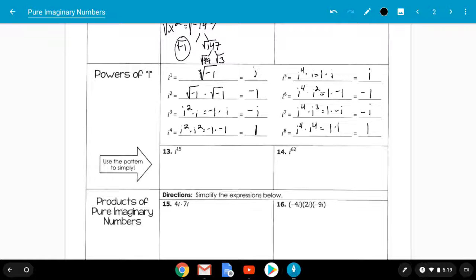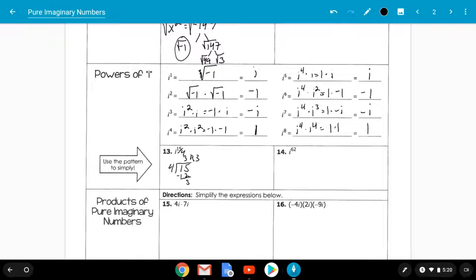So how does this pattern help us? Well, if I look at number 13 here, we've got i to the 15th. I could do this pattern all over, or I could do a little trick here. Since there's a pattern every 4 times, I'm going to divide that exponent by 4. So what's 15 divided by 4? 4 goes into it 3 times, 12, with a remainder of 3.